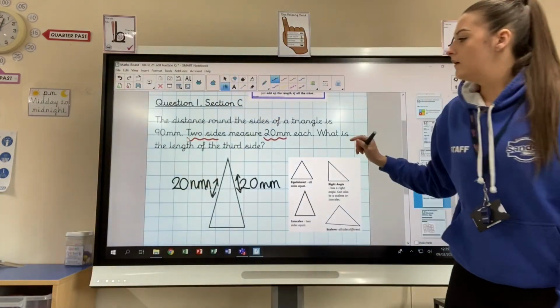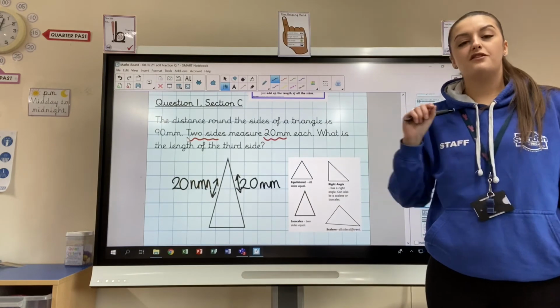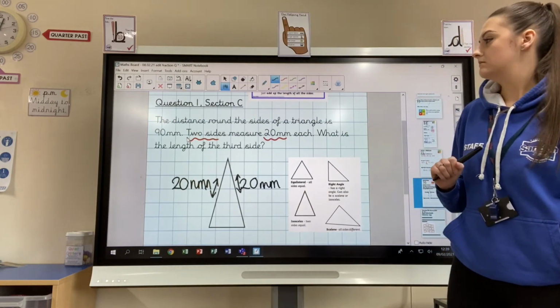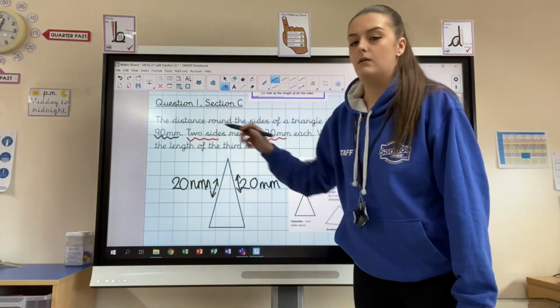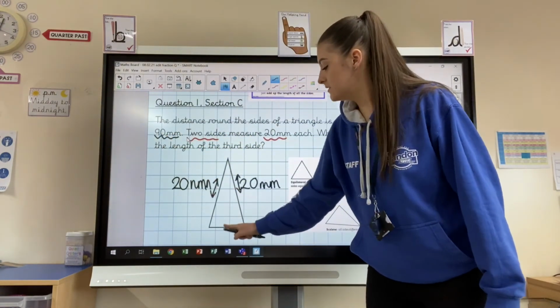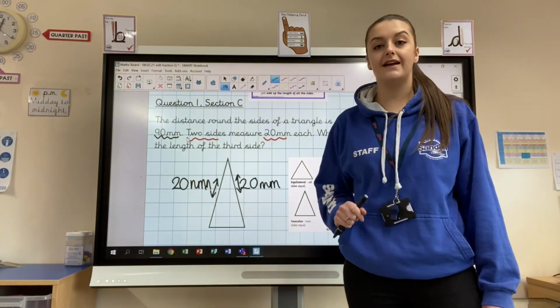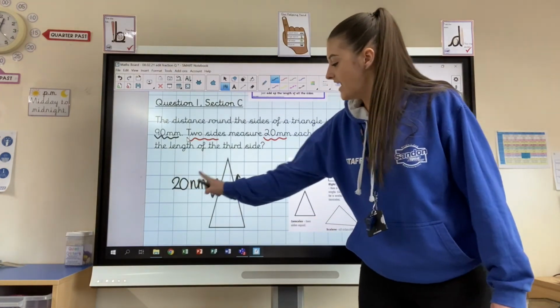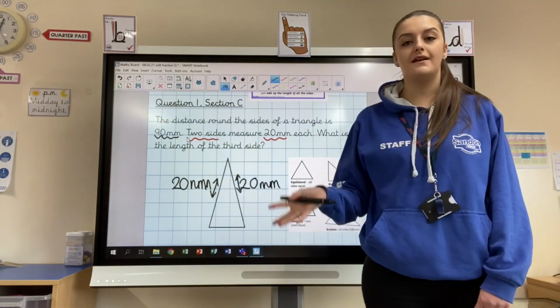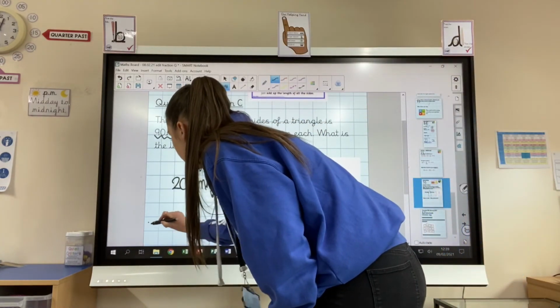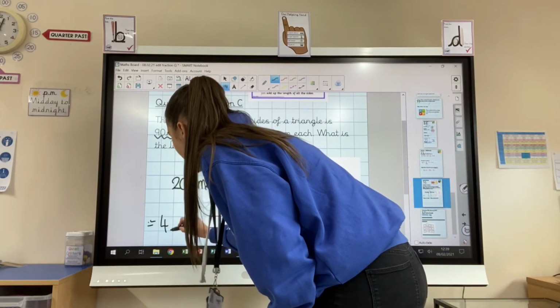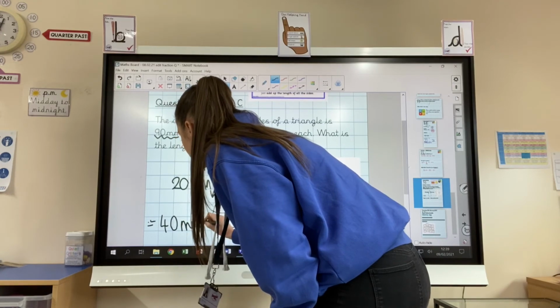Now, it's asking you what the length of the third side is. Now the distance around is 90. So altogether, if we added up all three sides, it would come to 90. So first of all, I need to add up these two sides. 20 add 20. We know 20 add 20 is 40. But I'm not at 90 yet, so I need to work out the difference.